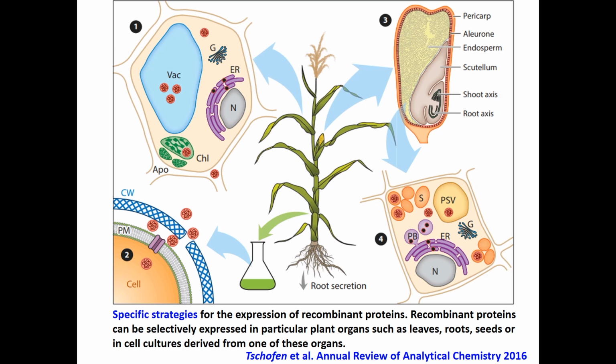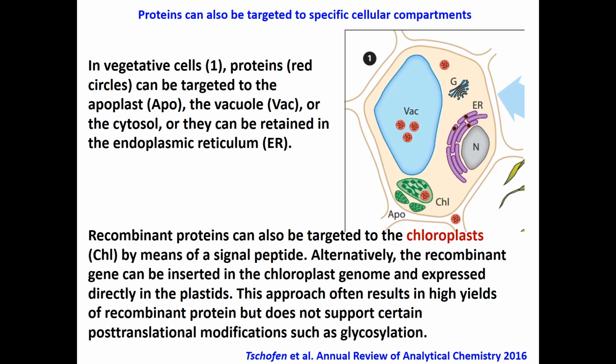For more detail, you can refer to the article mentioned in this slide, published in the Annual Review of Analytical Chemistry in 2016. Proteins can also be targeted to a specific cellular compartment.